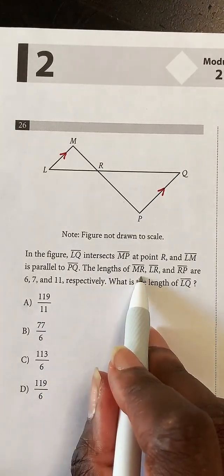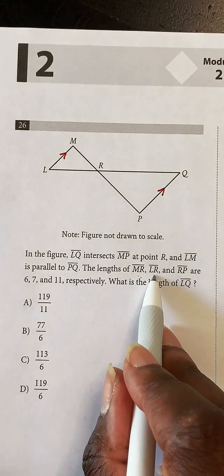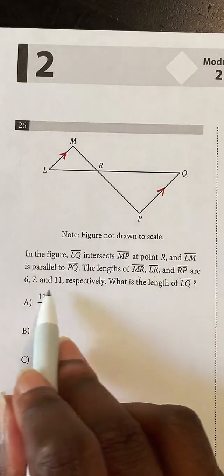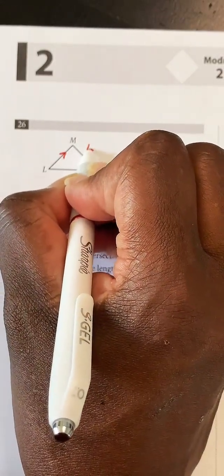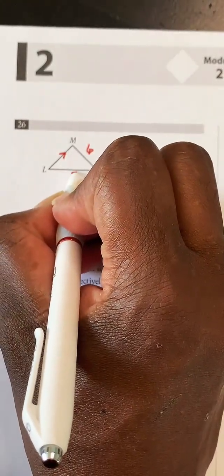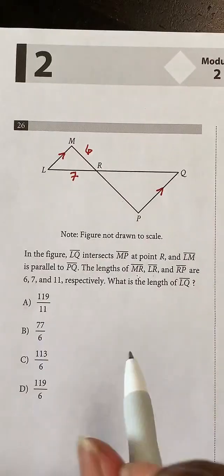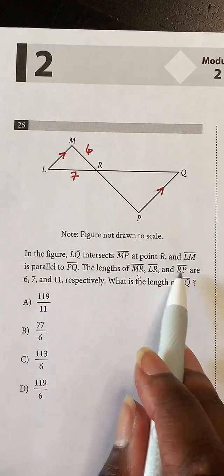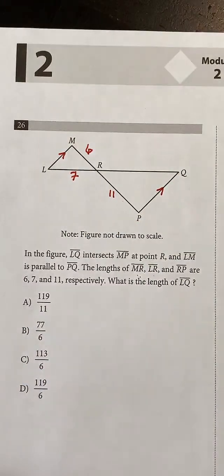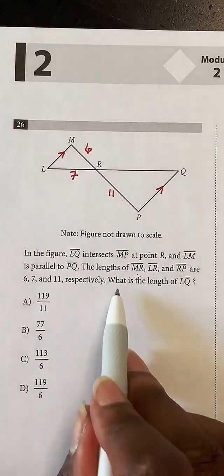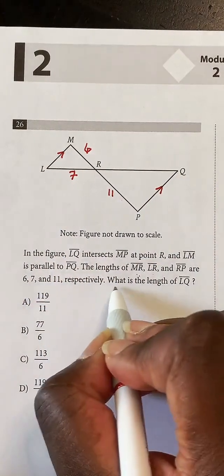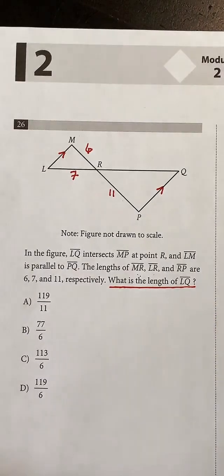The lengths of MR, LR, and RP are: MR is 6, LR is 7, and RP is 11. What is the length of LQ? So this is the question they want us to answer.